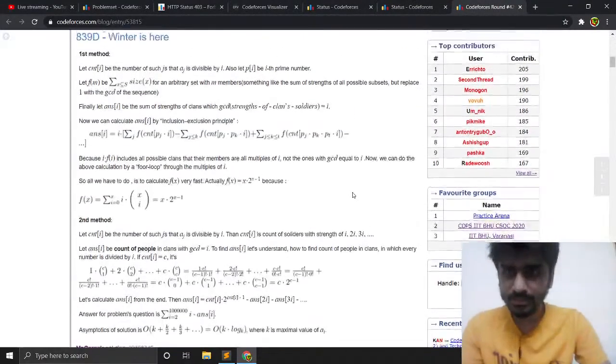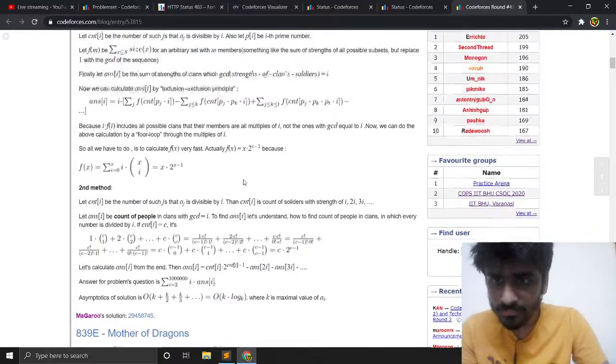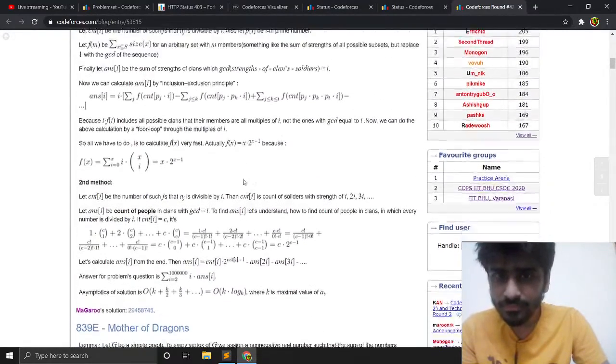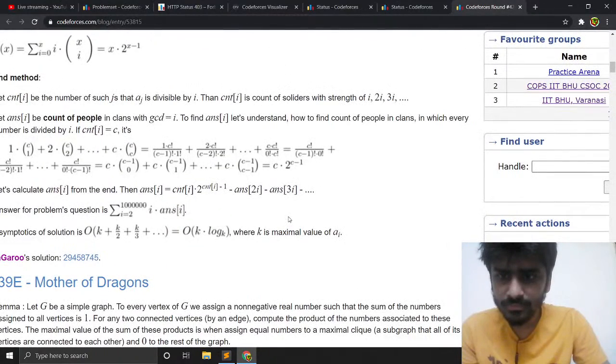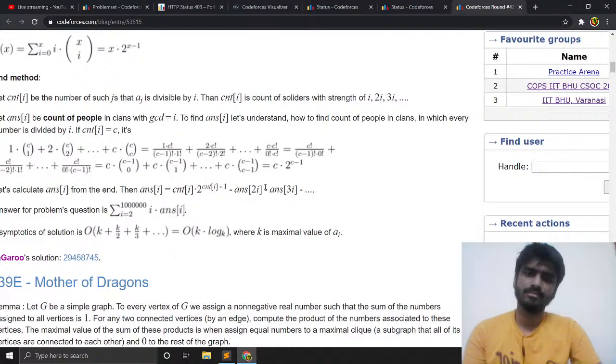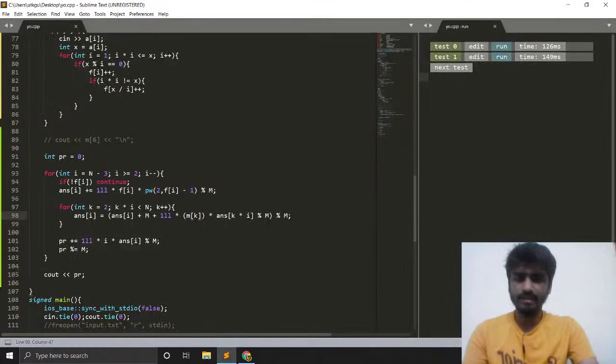What did I miss? Okay, actually I didn't need the Mobius function at all, I think.